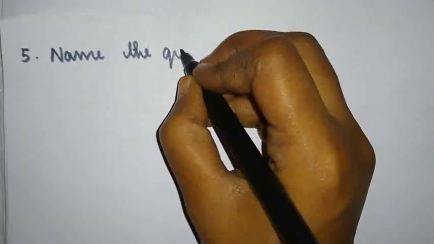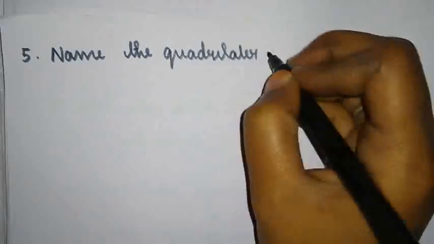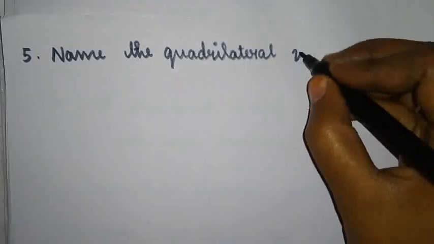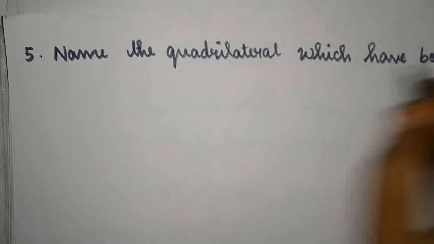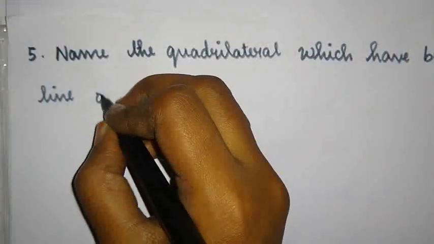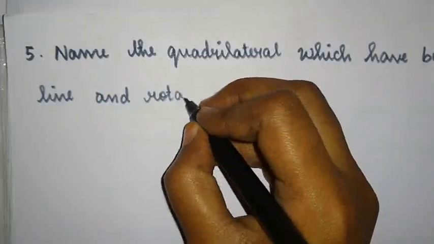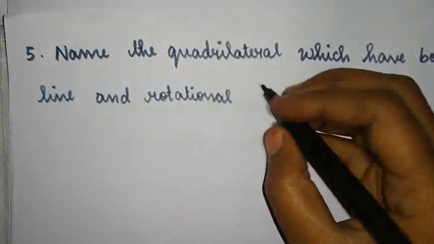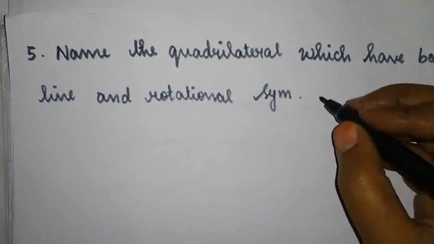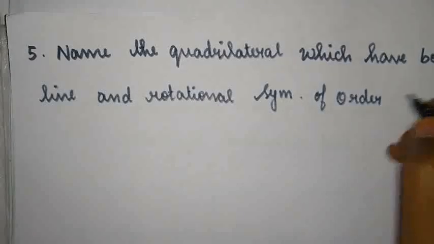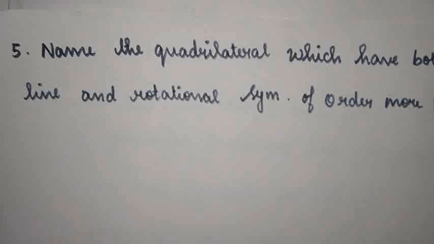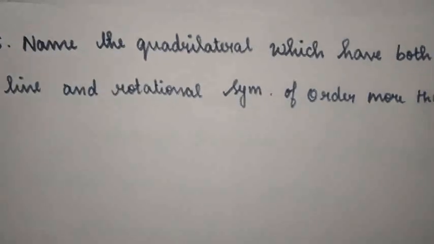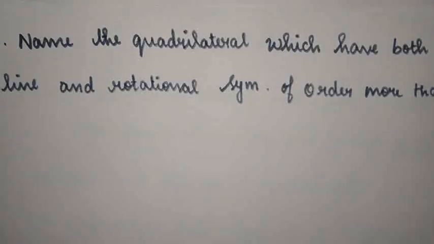Question number 5. Name the quadrilateral which has both line and rotational symmetry of order more than 1.